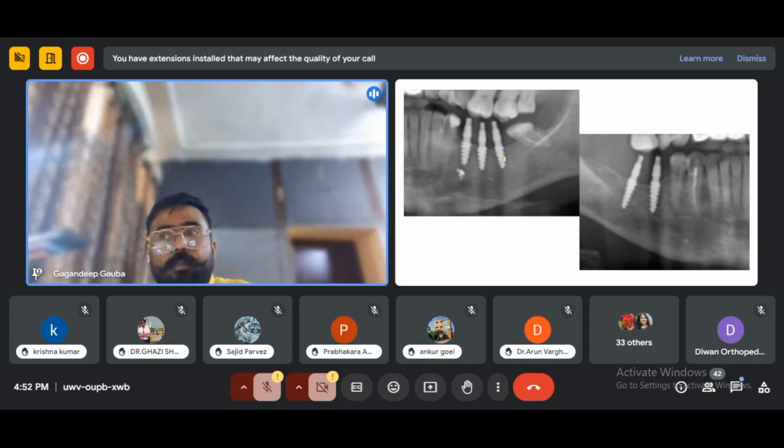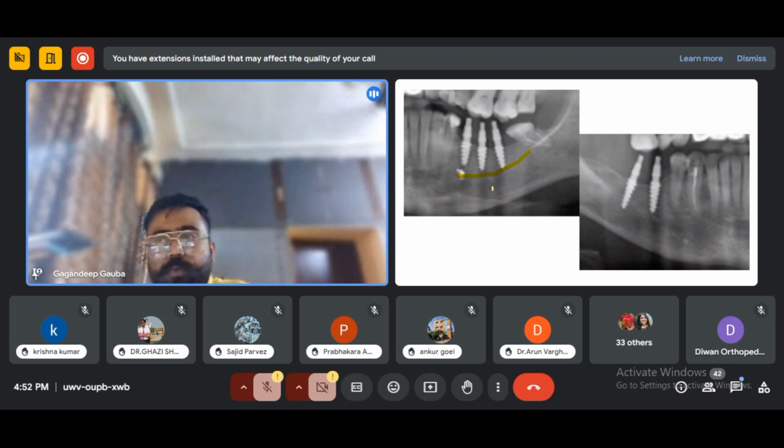Like in this case, enough bone was available both vertically and horizontally, and the nerve is passing below the implant, right? In this case I don't want to engage the basal cortex, because the base of the mandible is the basal cortex, so I don't want to engage that. What I will do is place this kind of implant. In these implants, we take the anchorage from the spongy bone, not from the basal cortex.